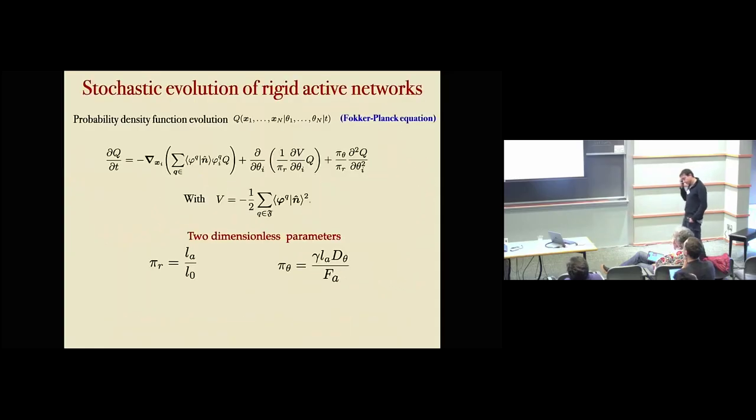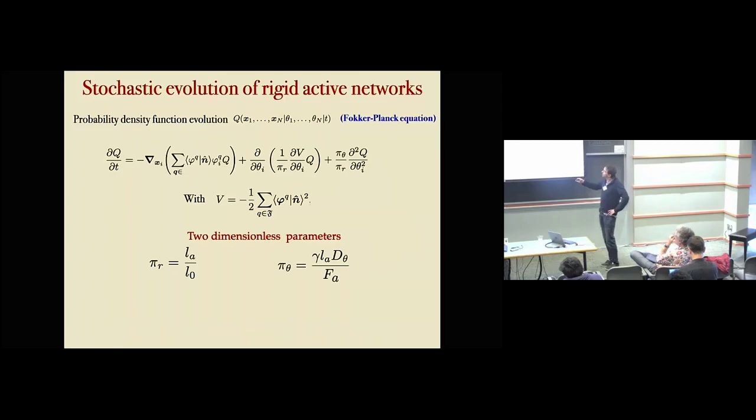Okay, so the starting point is the stochastic evolution. I don't want to go into the detail. This is just the Fokker-Planck equation. It's not really relevant for what I want to discuss. There's only one important point: this system has two dimensionless parameters that control the dynamic. The first one is the ratio between the noise and the active force.